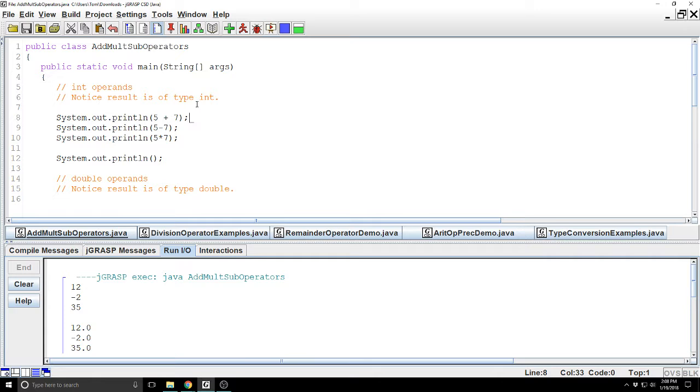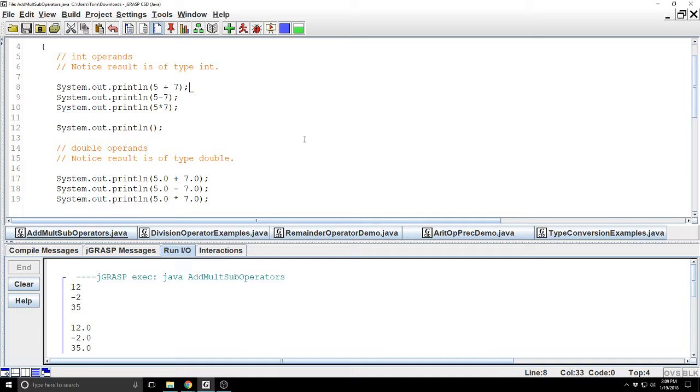These numbers are all of type int. In other words, they don't have the decimal point in there. If you look at the next set of computations that we're going to make, they all have the .0 after the number here.